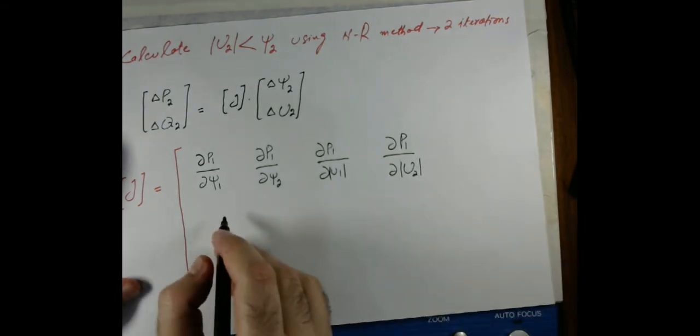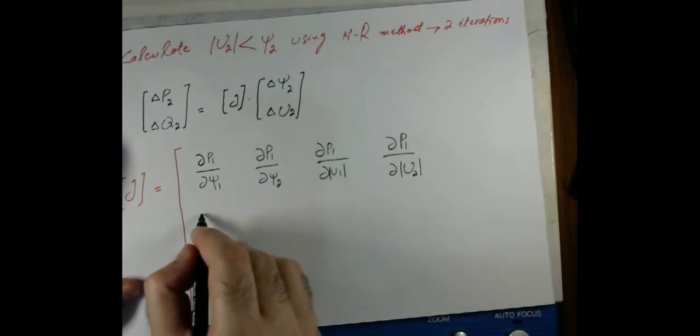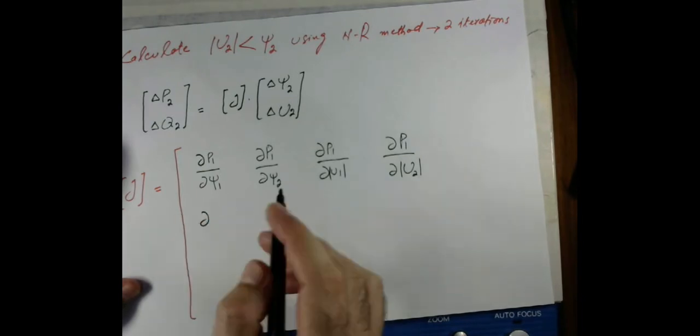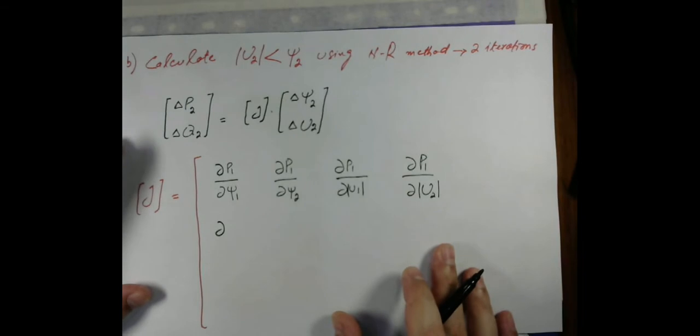Clear? So now we will also have the other entries. These are the 4 entries. Similarly, this was P1, so now we will have the row for k equal to 2, the other bus. Let me write that.